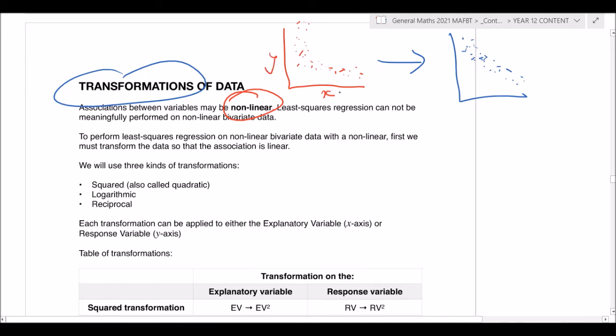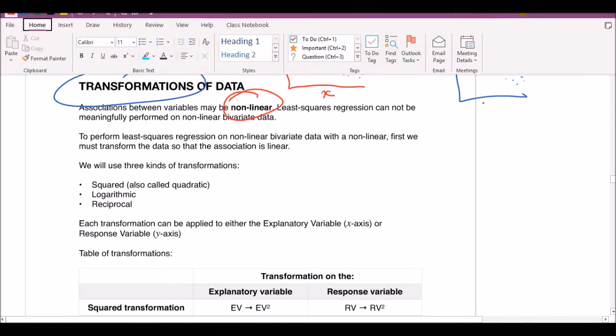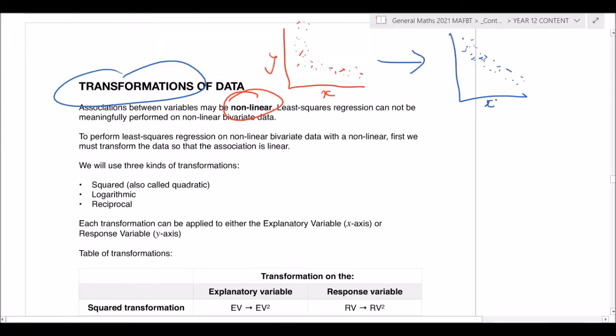So they do some sort of change, whether they divide the numbers, multiply the numbers, or square the numbers. For example here, the x variable could get squared, and that might make the scatter plot a lot more linear. So that's what a transformation is.